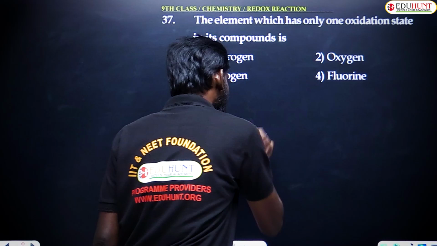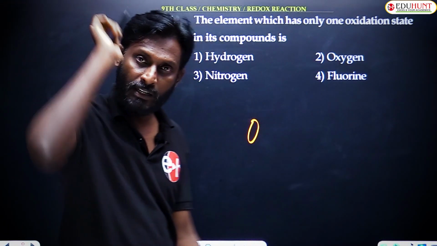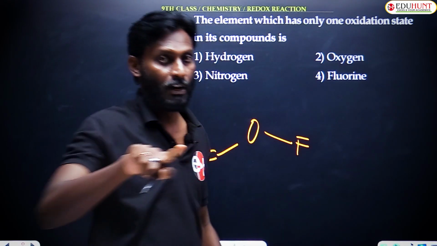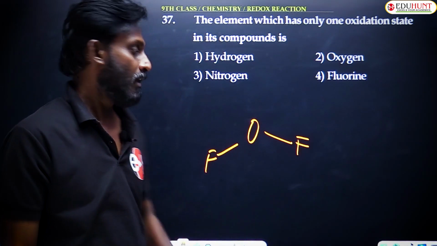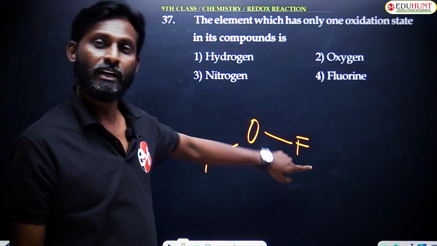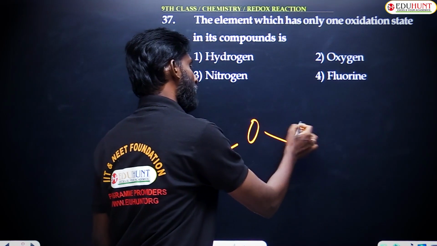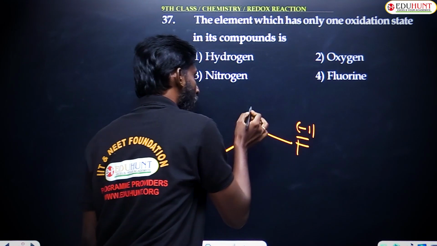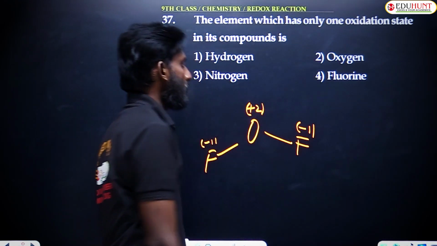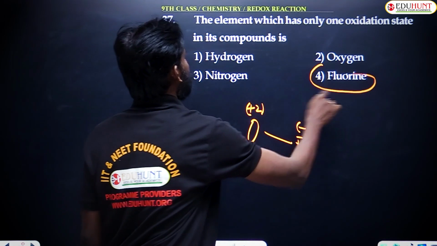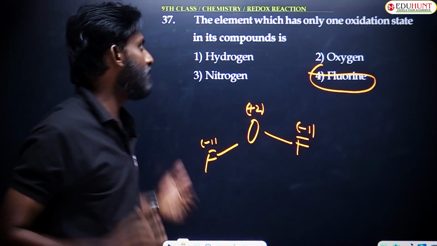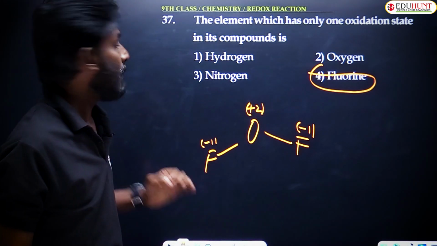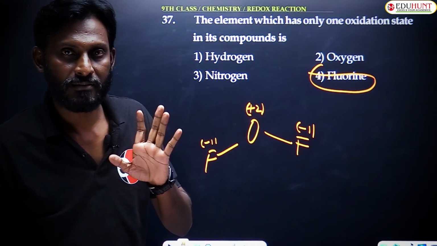Even with oxygen, we know very well oxygen is highly electronegative, but fluorine is more electronegative than oxygen, so fluorine will be in -1 state, and oxygen will be in +2 state. So fluorine is the element which has only one oxidation state in its compounds. Okay? Thank you.